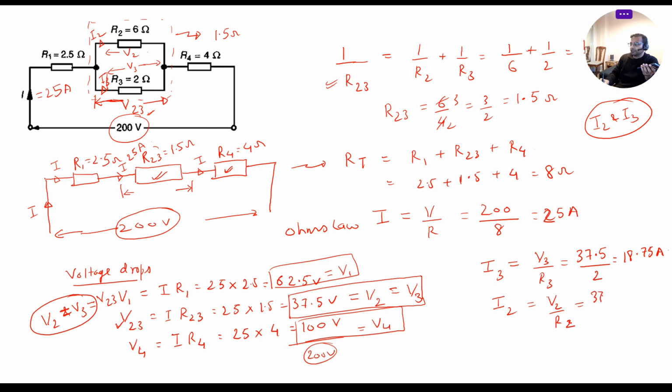V2 is again 37.5. R2 is 6. That gives 6.25 amperes. So we have now calculated all the values of current and voltages across each resistor.